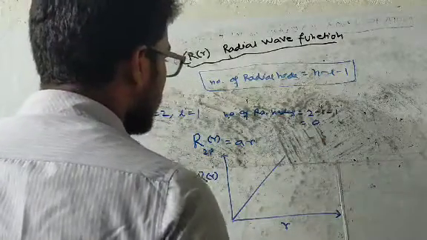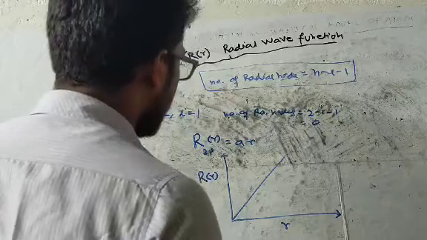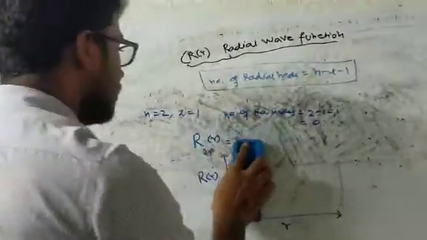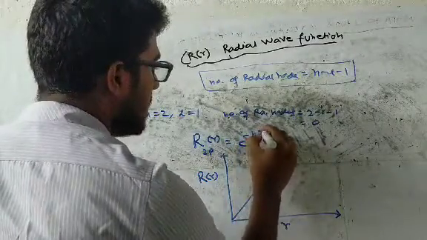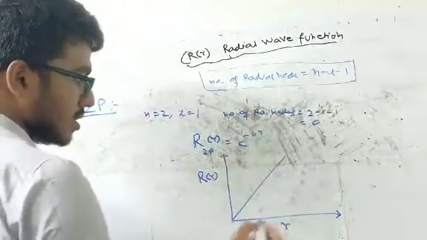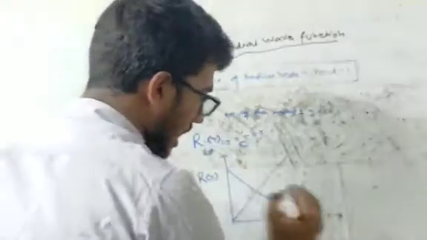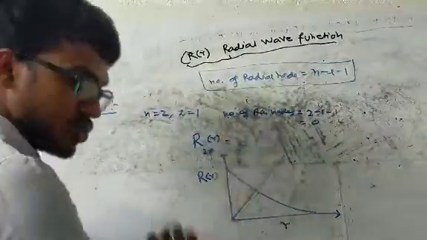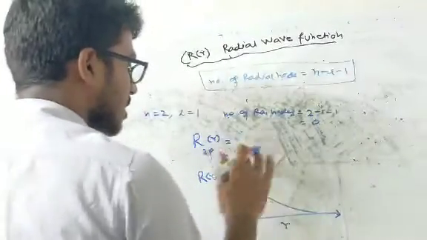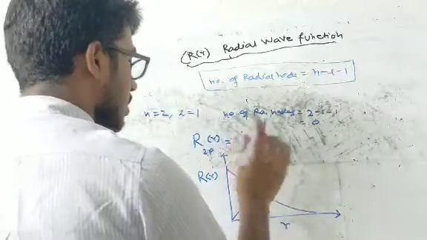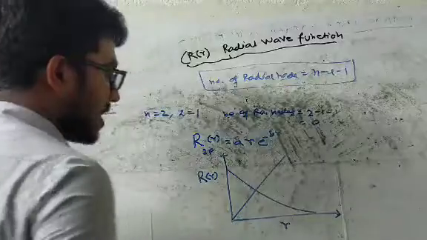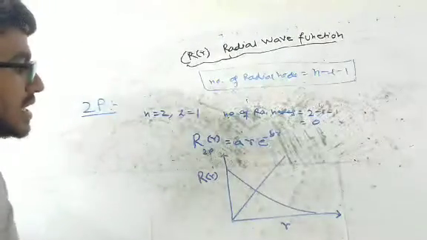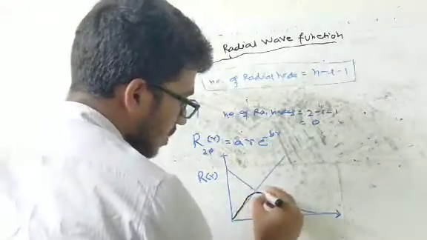Now if I remove this part and my function is only e to the power minus br, this is the exponential function, and my graph should look like that. But my actual function is the combination of these two parts, so my graph should be the resultant of these two graphs, and it should look like that.